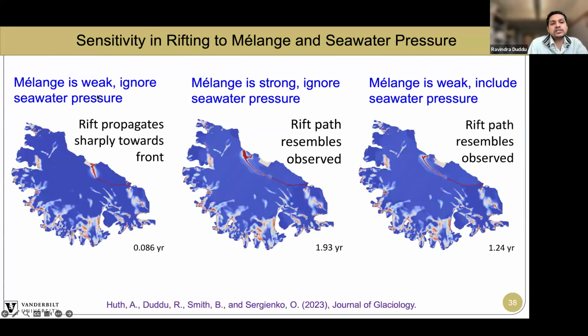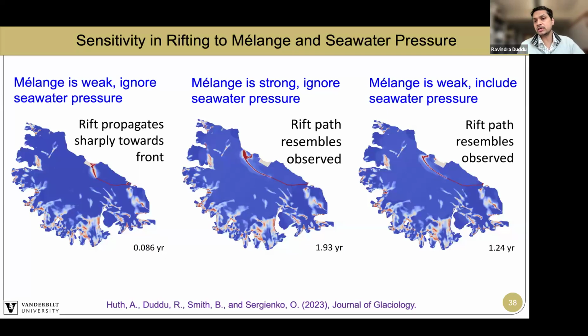What we found is that if we assume melange is weak and ignore water pressure, you get a crack path that does not match with observations. But if you assume melange is strong, or if you include seawater pressure, then you get the right crack path. That means that one of these two things is happening.